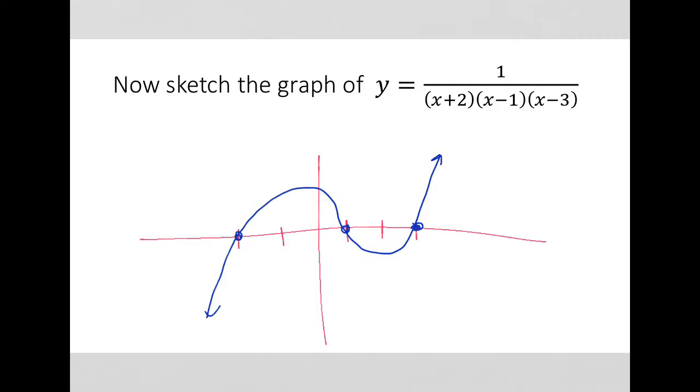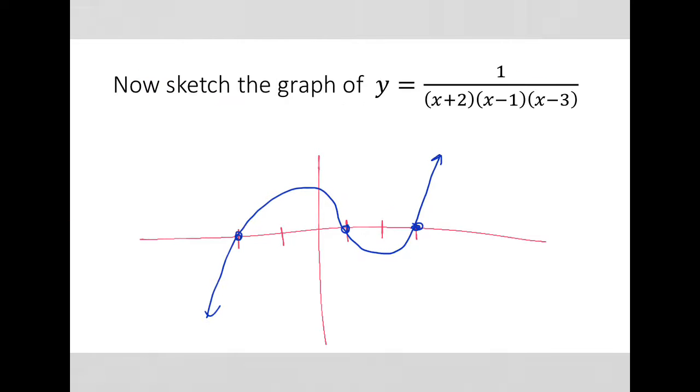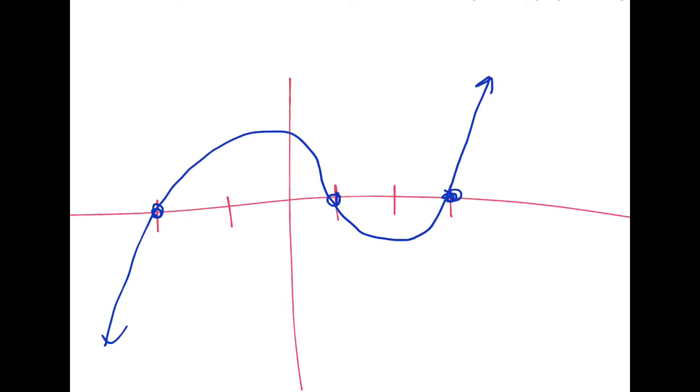So we had all of these zeros from the numerator of that function, but now all those zeros are in the denominator. Well, remember what happens when a zero is in the denominator. You can't divide by 0, and because of that, you end up with vertical asymptotes wherever we have those zeros.